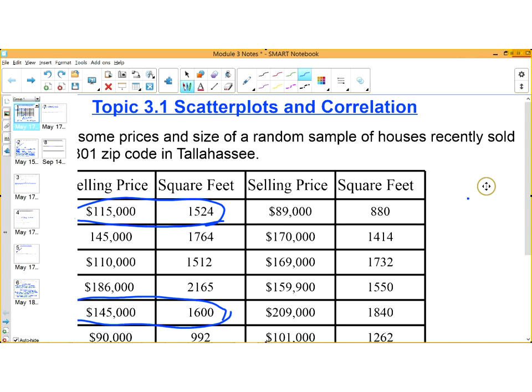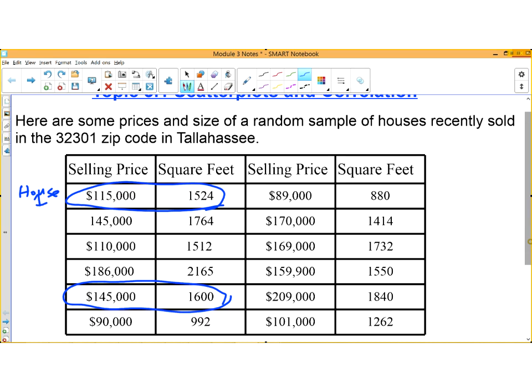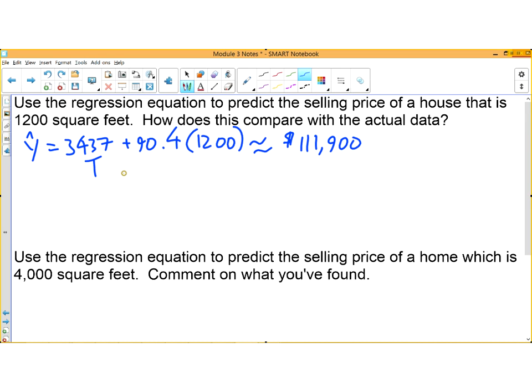Now it says, how does it compare with the actual data? Let's go back and look at our data table. That made me think it asked me to find a residual, but there wasn't an actual house that sold that was 1,200 square feet. So I actually can't. There is no data to compare it to. There was no 1,200, but we did it for 1,600.